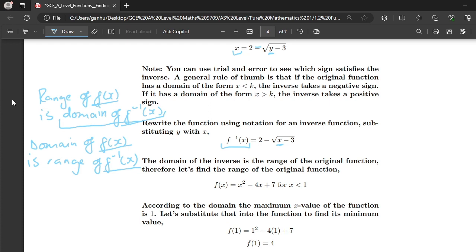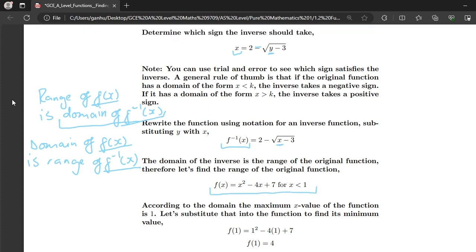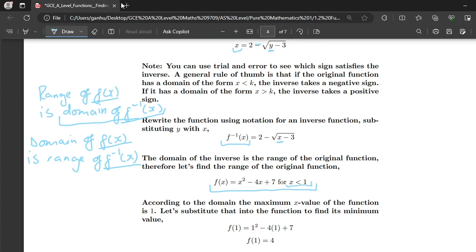So our original function is f of x is equal to x squared minus 4x plus 7 for x is less than 1. Okay, so if we were to sketch our curve, we know that it has a turning point at the point 2, 3. So we know that this is the turning point. So if we were to sketch it, it looks something like this.